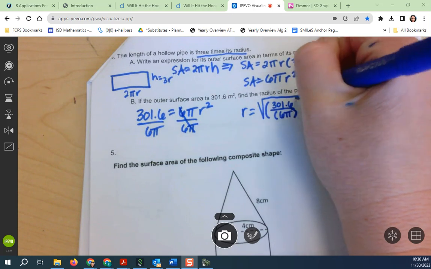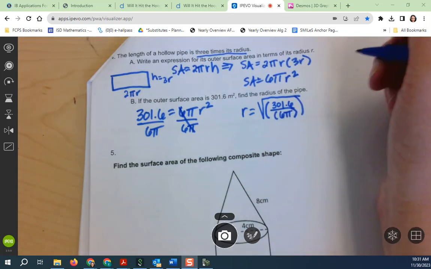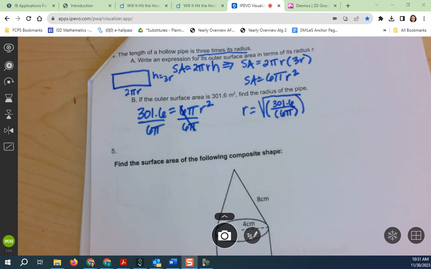You will need parentheses around that denominator to keep the 6 pi together. Still rounding to 1 decimal place, I got 4.0 meters. Anybody else get 4.0 meters? Okay.